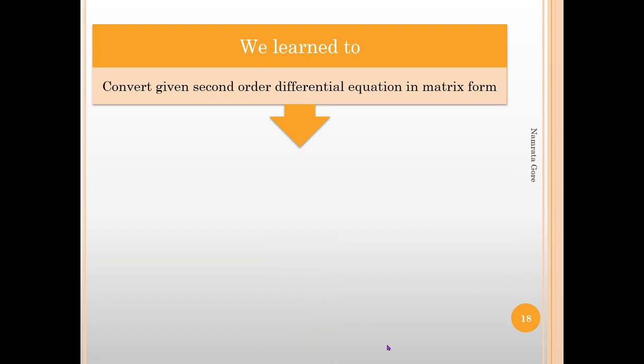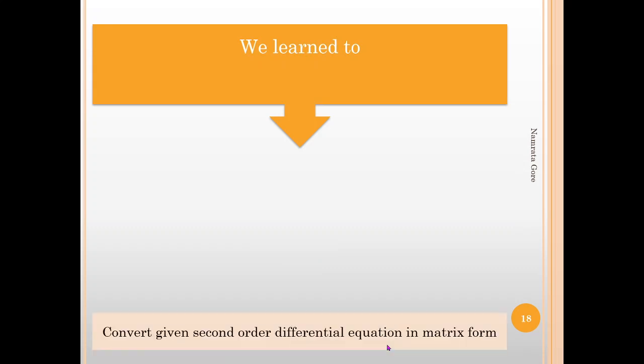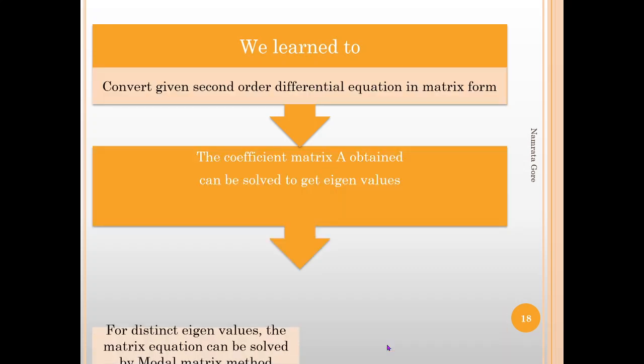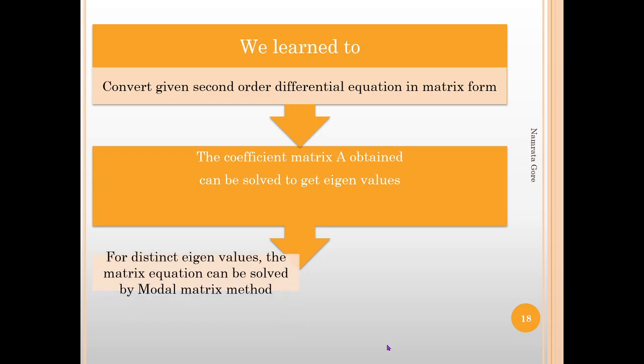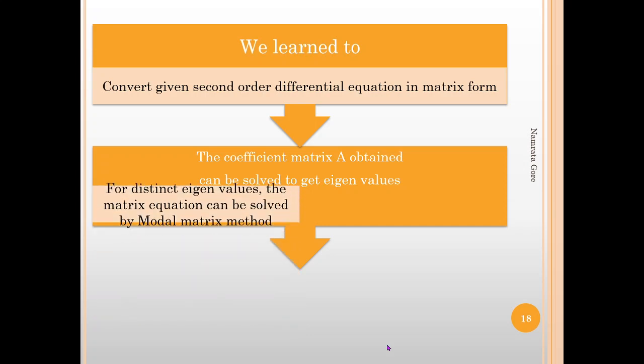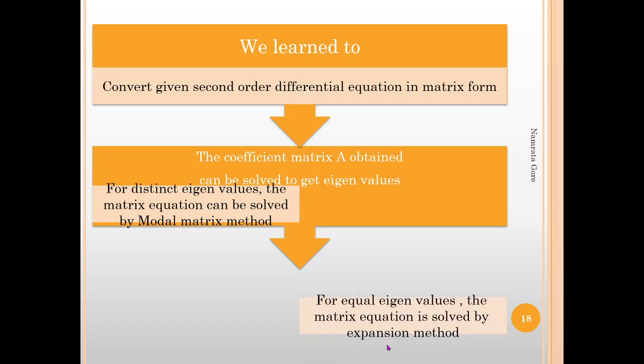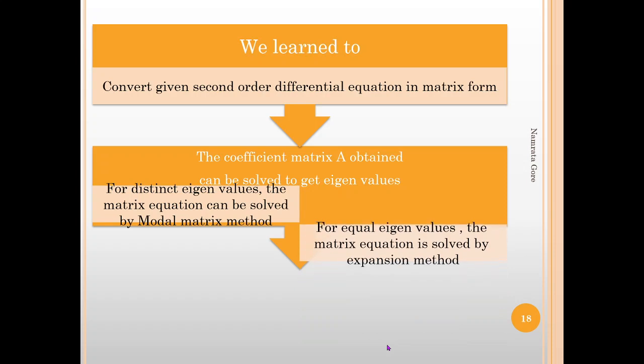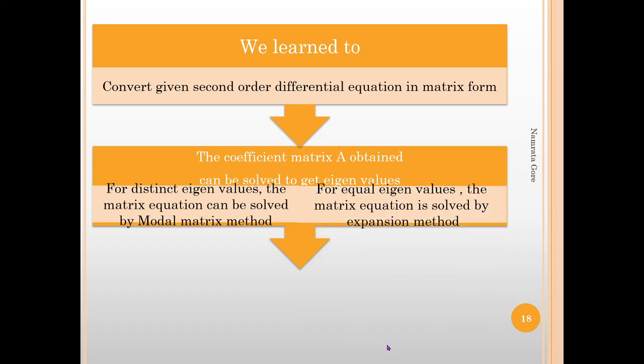Then depending upon the eigenvalues, for distinct eigenvalues, the matrix equation can be solved by the modal matrix method, and for equal eigenvalues, the matrix equation can be solved by the expansion method.